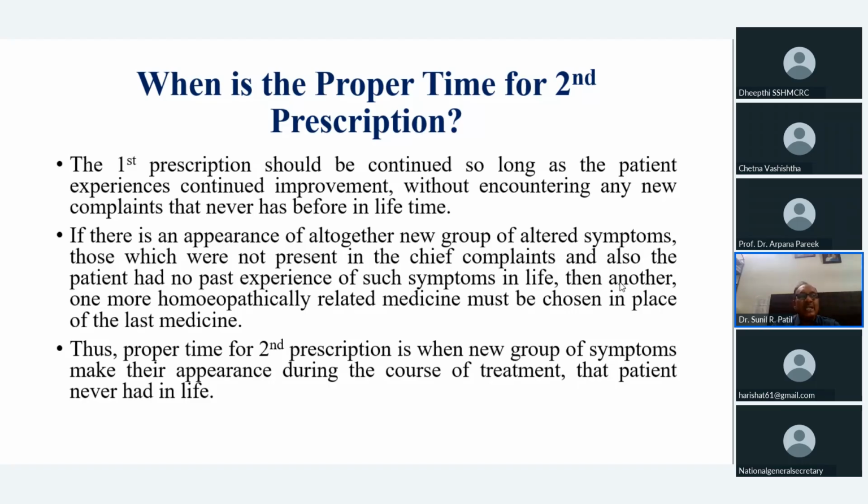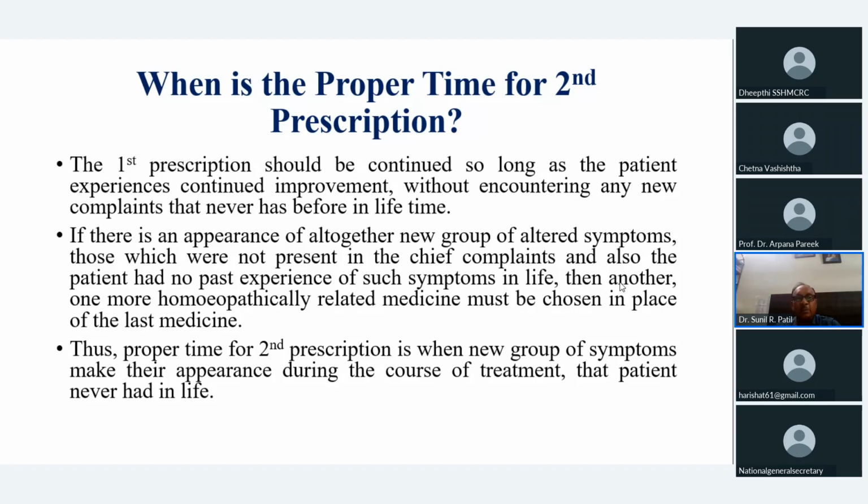If there is the appearance of an altogether new group of symptoms, those which were not present in the original complaint, and the patient had no past experience of such symptoms in life, then another, homeopathically related medicine must be chosen in place of the last medicine.